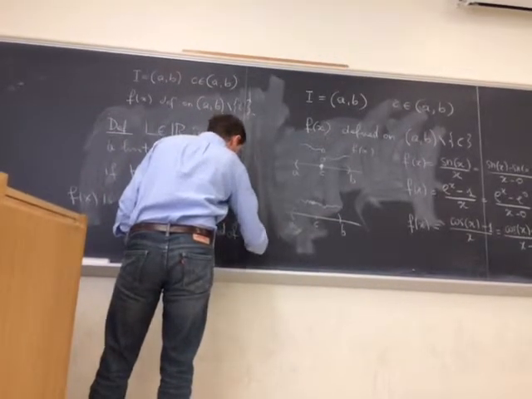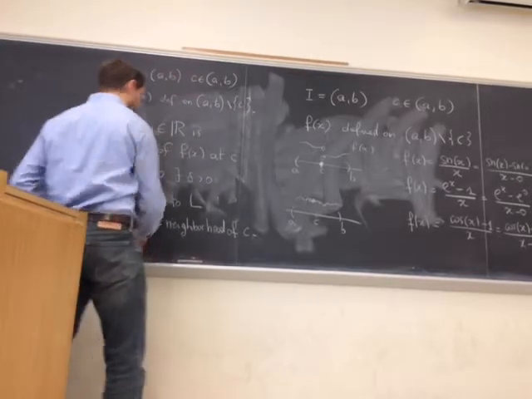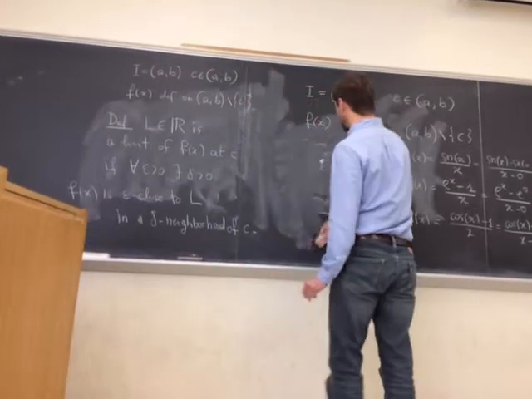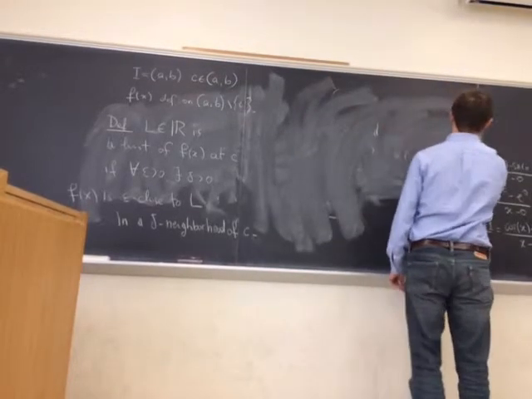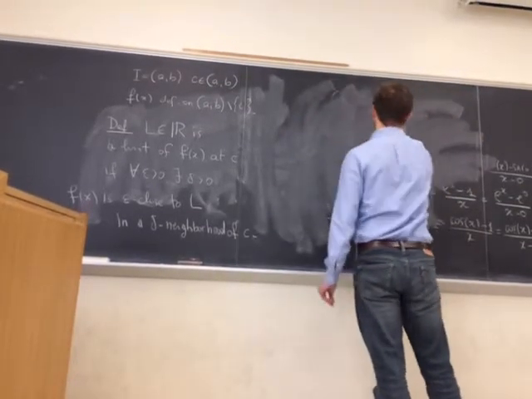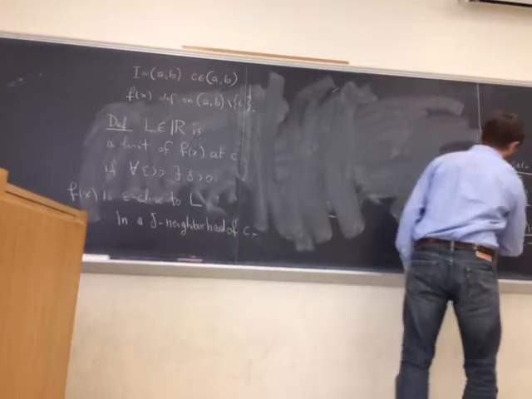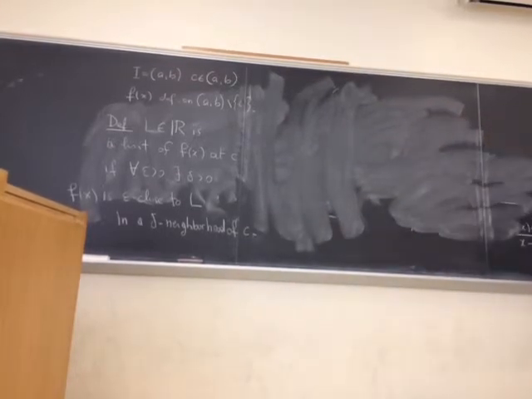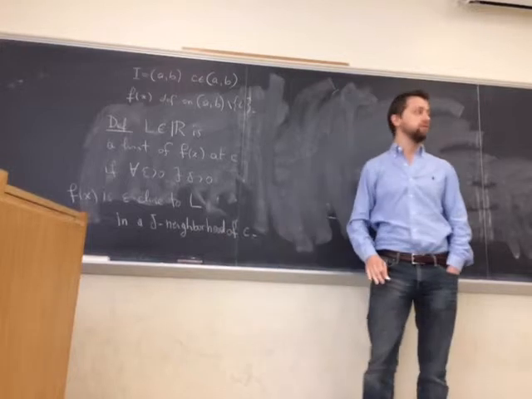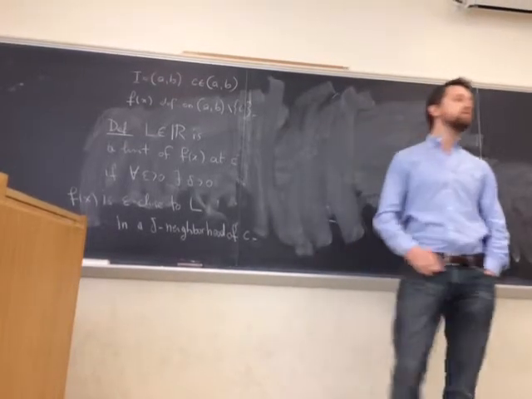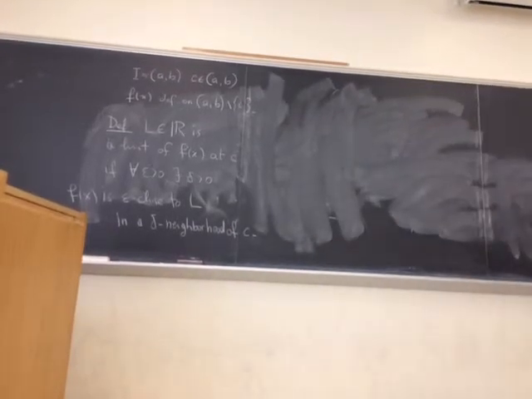of c. Okay, so let me explain my terminology here. Let me give a meaning to the various terms I have used, okay? So what does it mean for a function to be epsilon close to a number L somewhere?